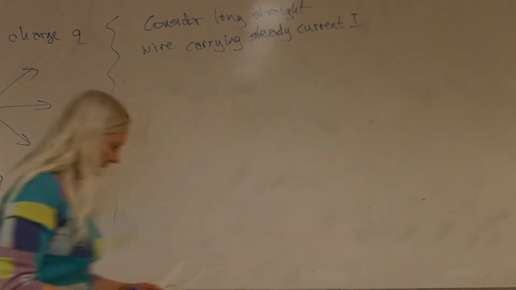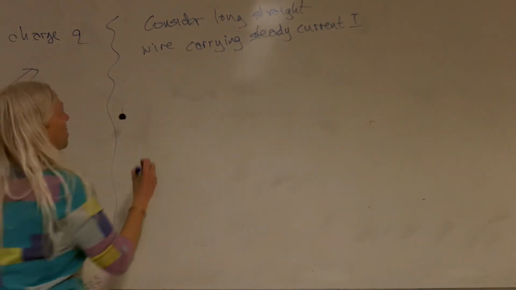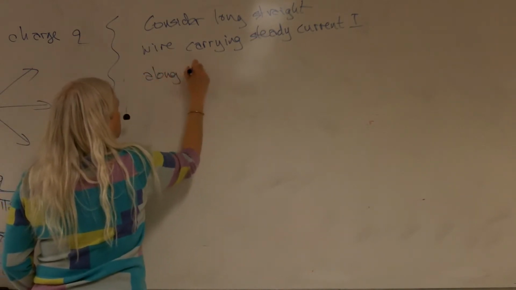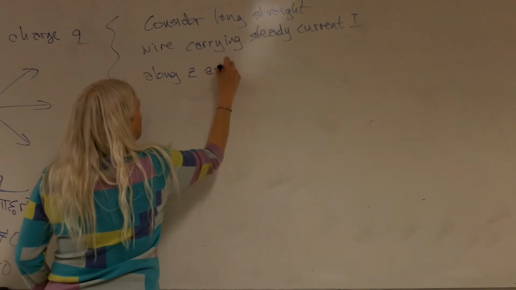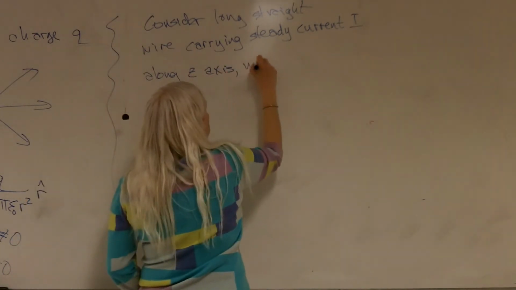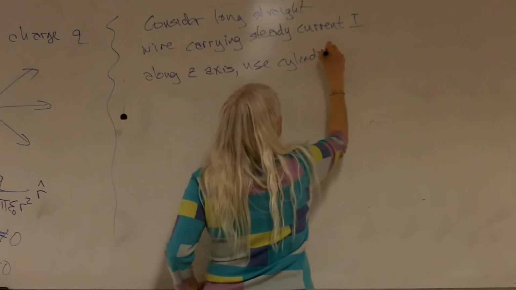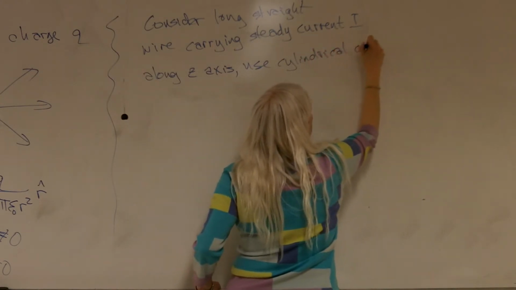So steady current I in this wire. Imagine the wire is stretched out along the z-axis. And because of the geometry of the situation, we are going to want to use cylindrical coordinates.